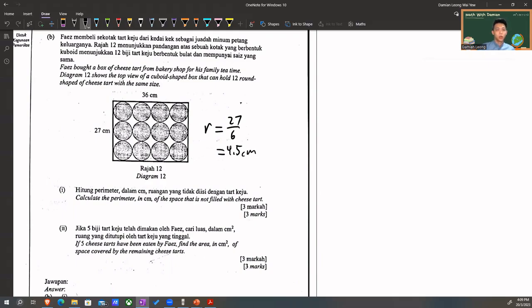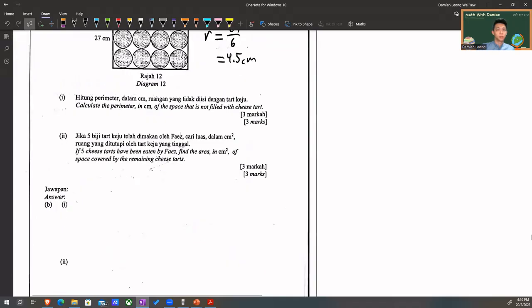So perimeter not filled with cheese tart is, should I write down here?